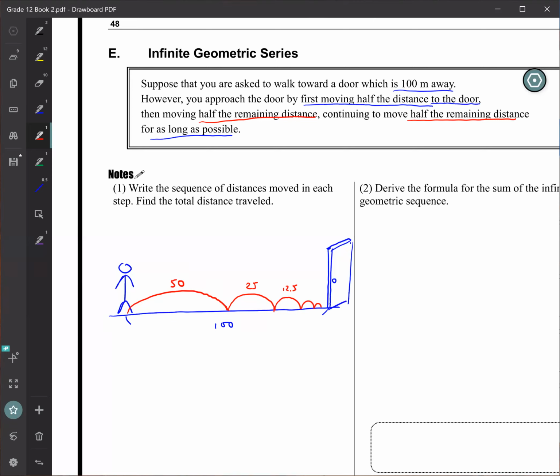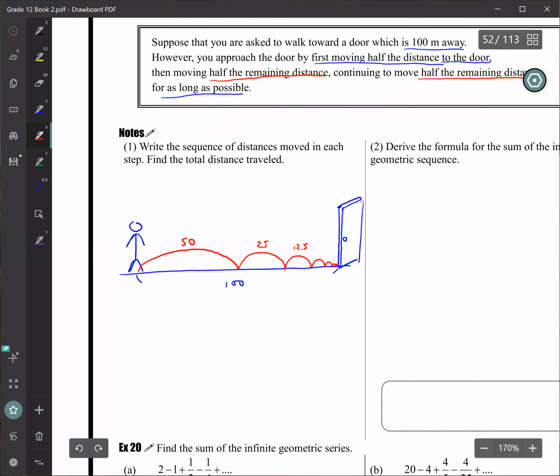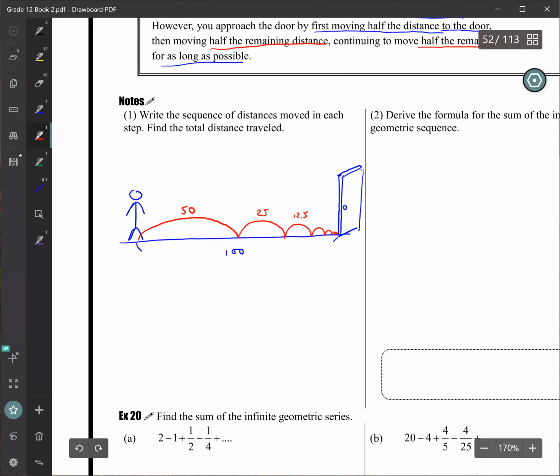But since the rule tells you to only walk half the remaining, there's always something remaining, okay? But then it will be so close to the door that it feels like you're at the door. Make sense?